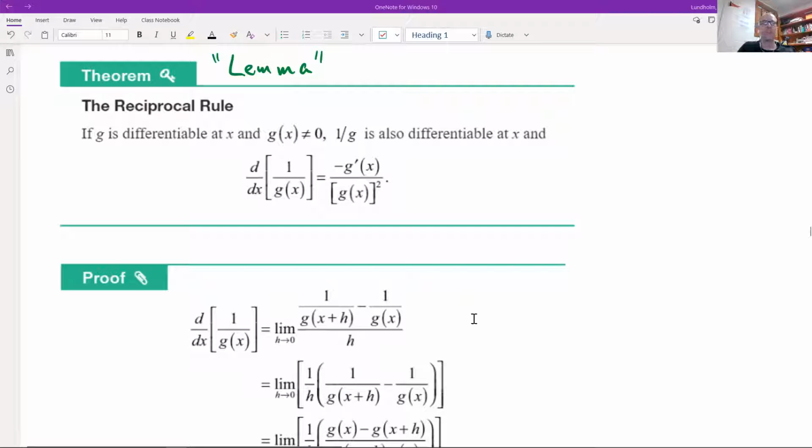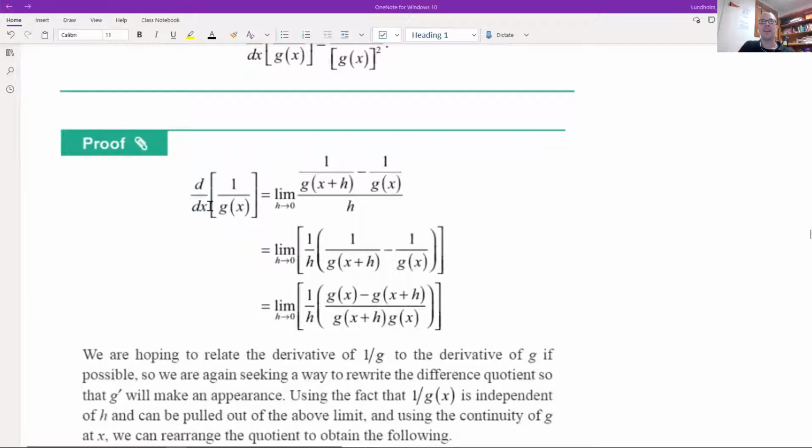The proof is just going through the steps of the limit definition of the derivative. We've done this kind of thing where we're working with probably the function 1 over x. I think we did that on our activity, where we had to make common denominators on top and figure things out.